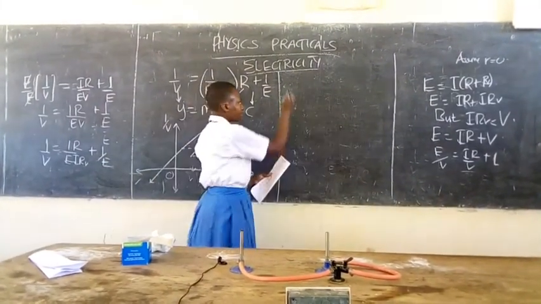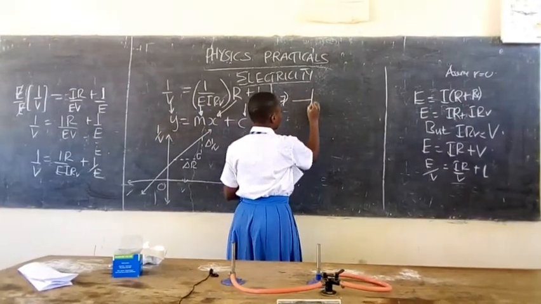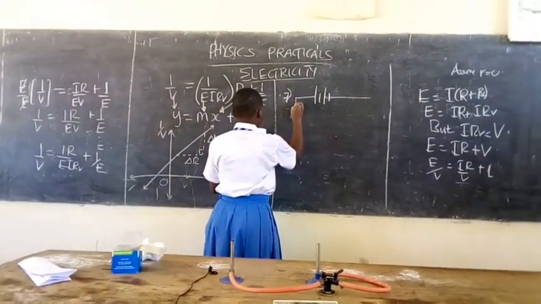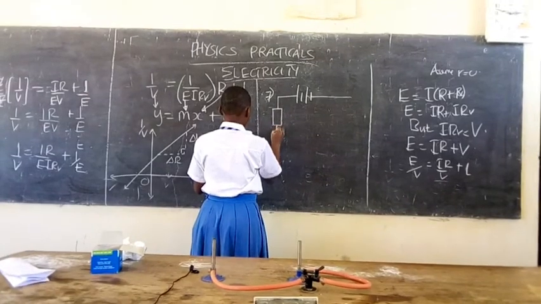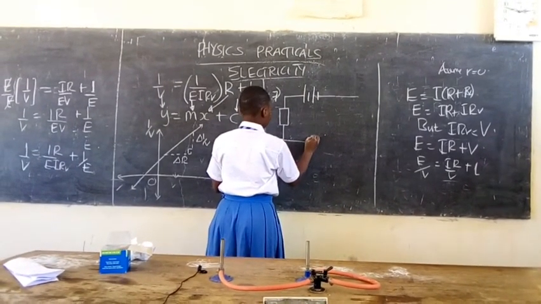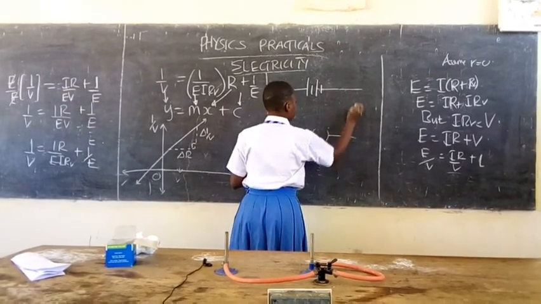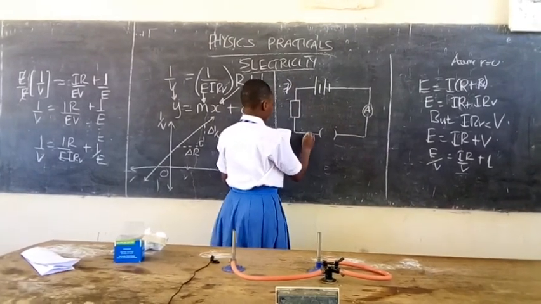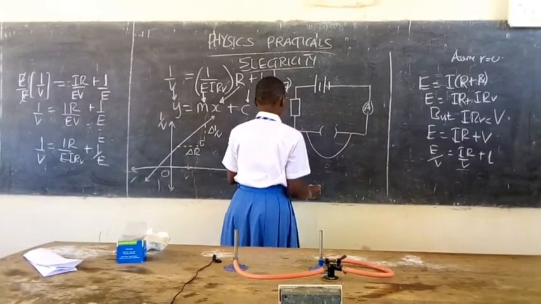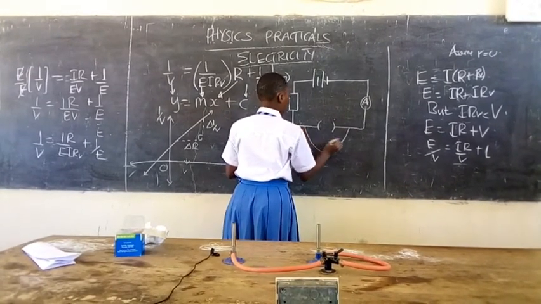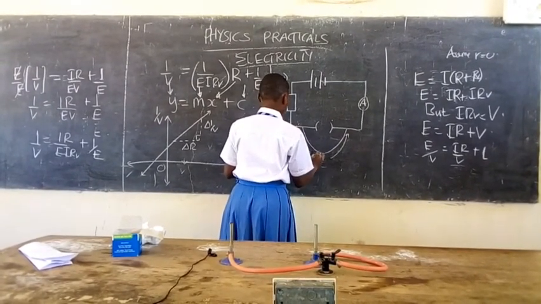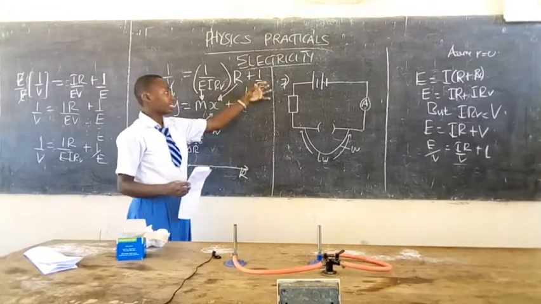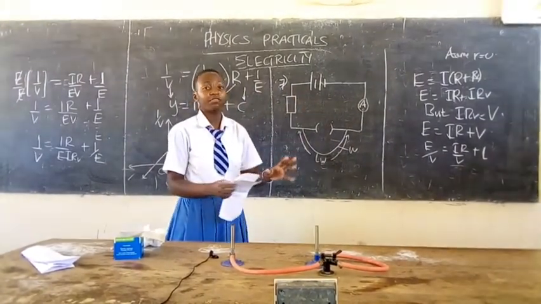Structure number 7. A circuit like this helps us in finding the resistivity of a material.